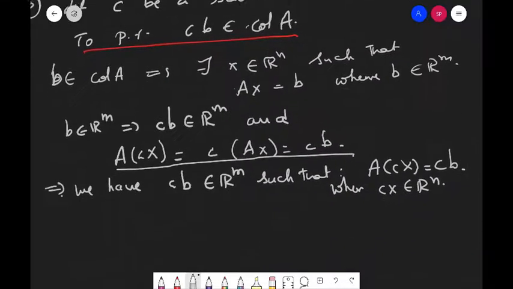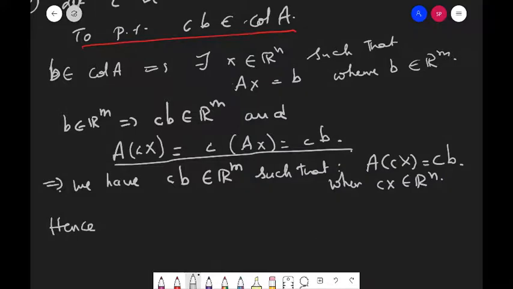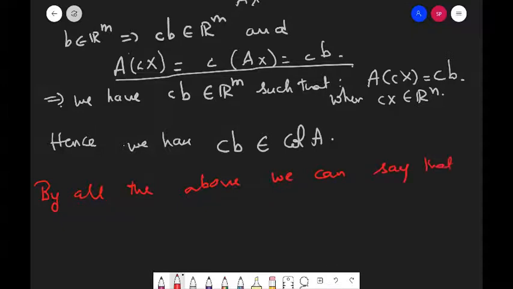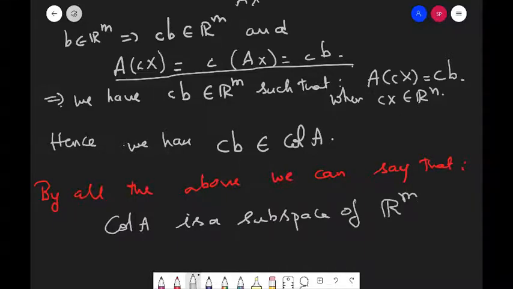Hence we have cb belongs to column space A. By all the above, we can say that the column space of A is a subspace of Rm. Hence, this theorem is proved.